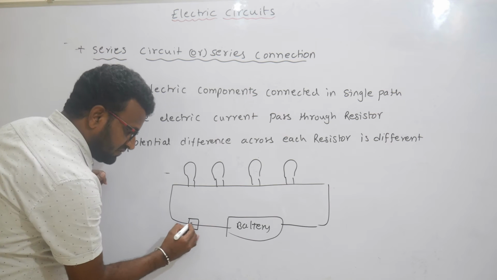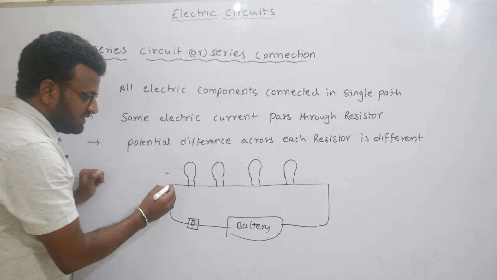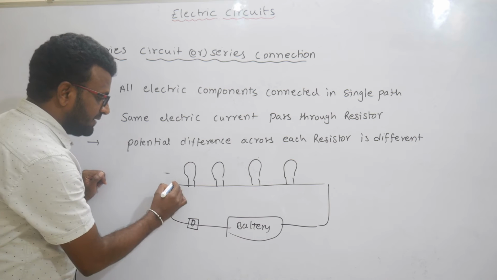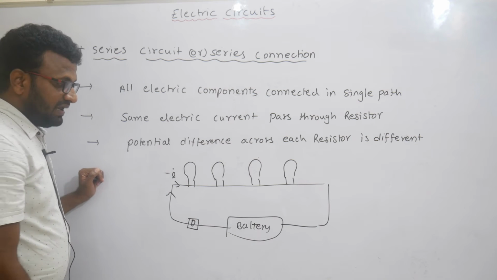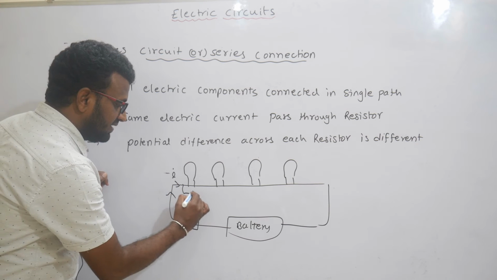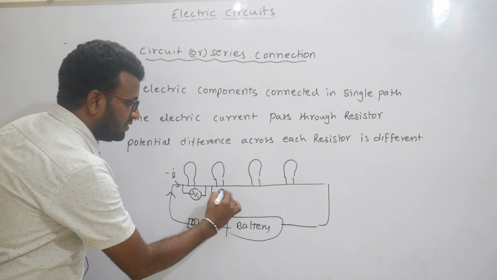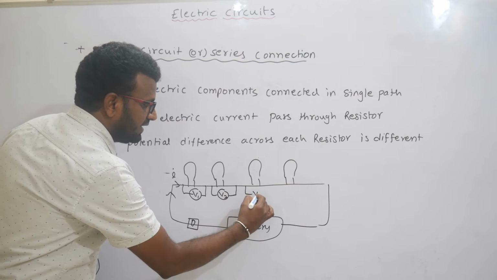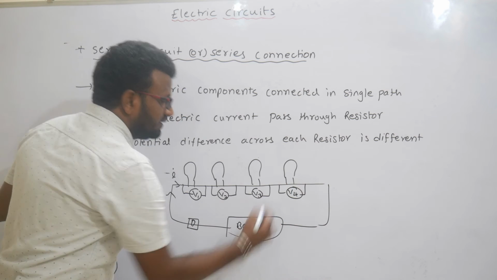So if I switch on, what happens? The current comes out from the battery and passes through each resistor, and it will be the same, but the potential of the battery across each resistor will be different. So V1, V2, V3 and V4, right?